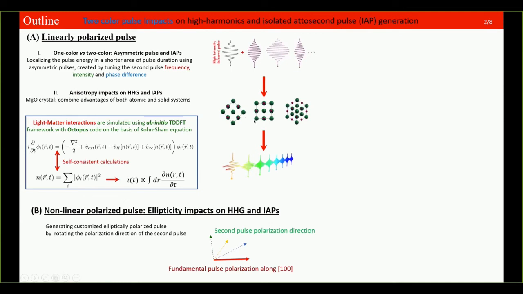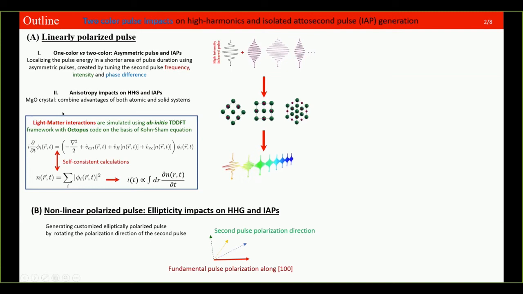MgO is an ionic crystal with a wide band gap, and because of its ionic behavior, it has the advantage of both crystal and atomic system in one material. We also consider the anisotropic behavior in MgO crystal in high harmonics emission.